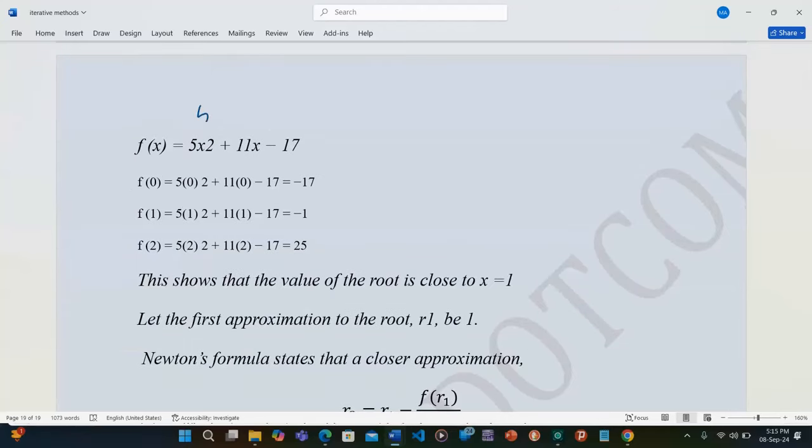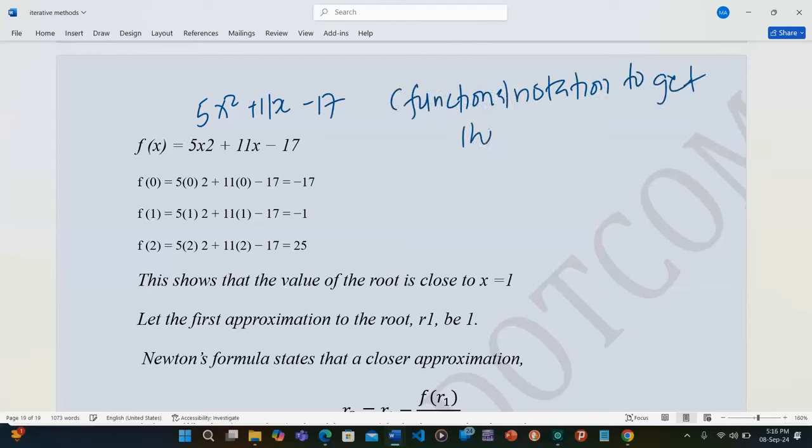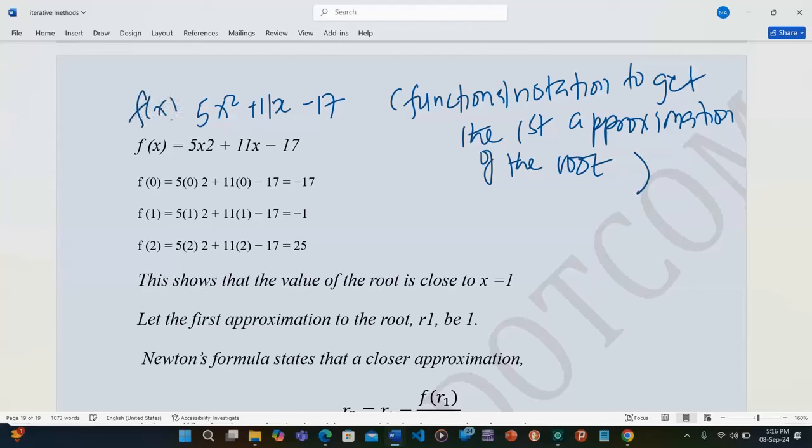So our function is here. We have 5x squared plus 11x minus 17. And we are saying, let us use the functional notation to get the first approximation of the root. So we have our function, which is f of x, and then we are going to substitute in x is equal to 0.